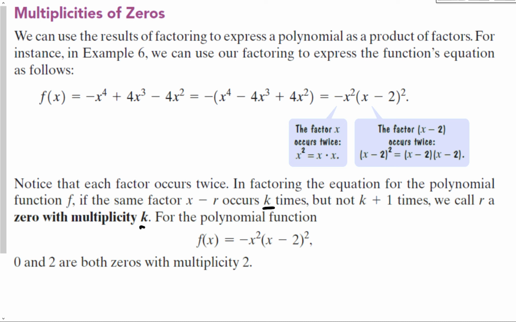It happens k times, not k plus 1. So for this function, we can say that 0 and 2 are both zeros, both with a multiplicity of 2. 0 happens twice, 2 happens twice. Both zeros have a multiplicity of 2.